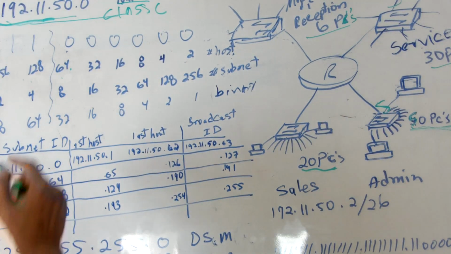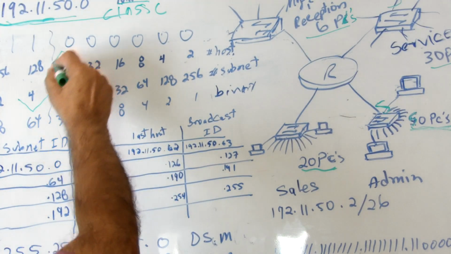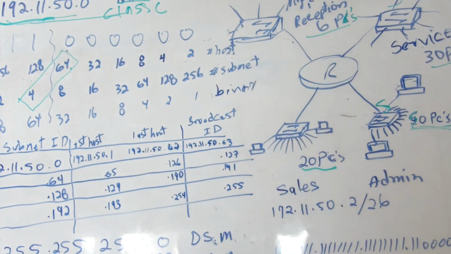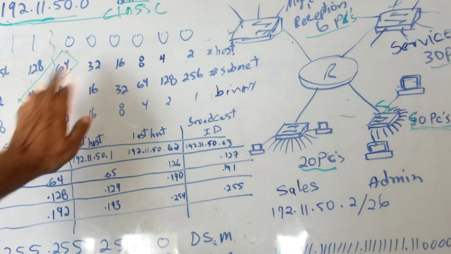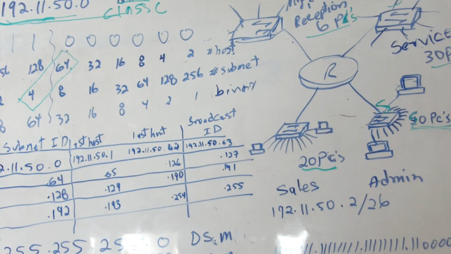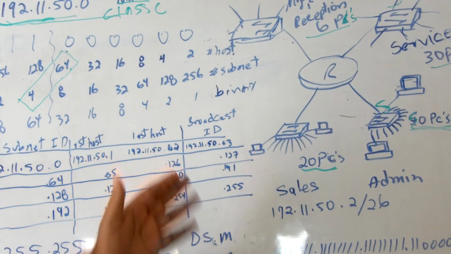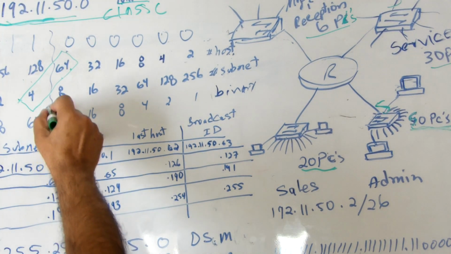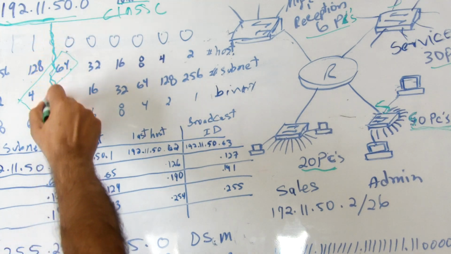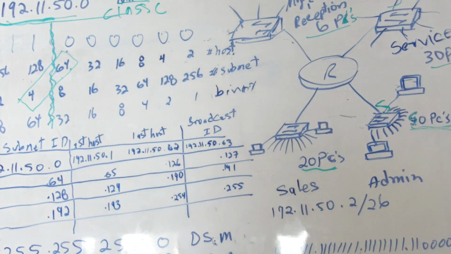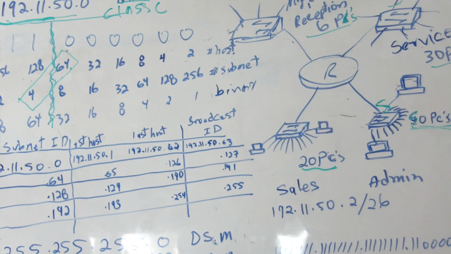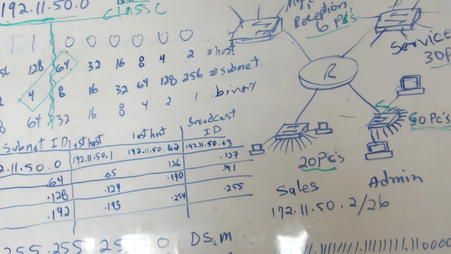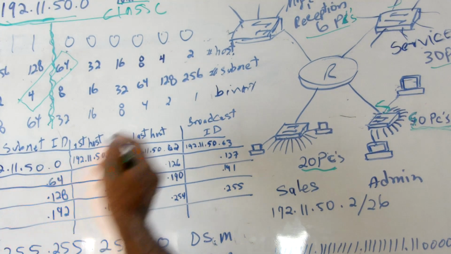So what you do, you see you have 4 subnets and 64 hosts in each subnet. And then we came through this procedure and wrote the table. And you know how we wrote the table. We drew this line, and this is binary.